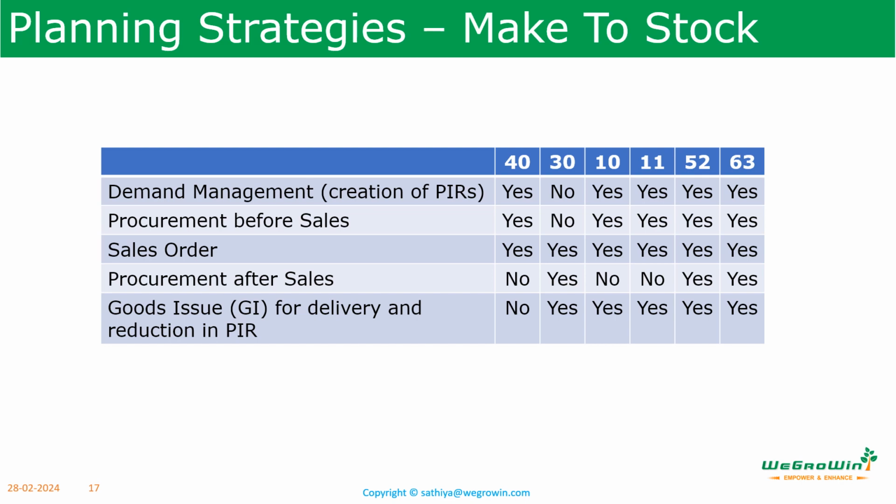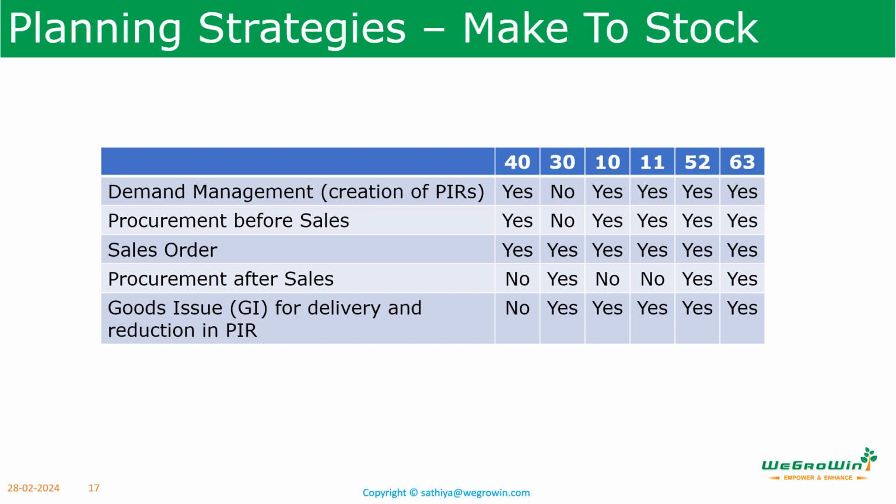Strategy 40, 30, 10, 11, 52 and 63. In this, demand management is applied in all the strategies. Procurement before sales does not happen in strategy 30, and also there is no PR in 30. Sales order is applicable to all the strategies. Procurement after sales is happening in 30, 52 and 63.